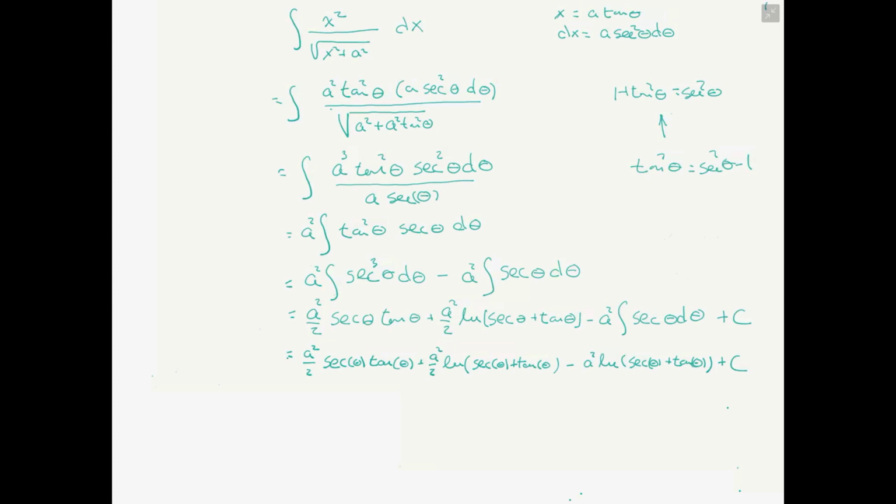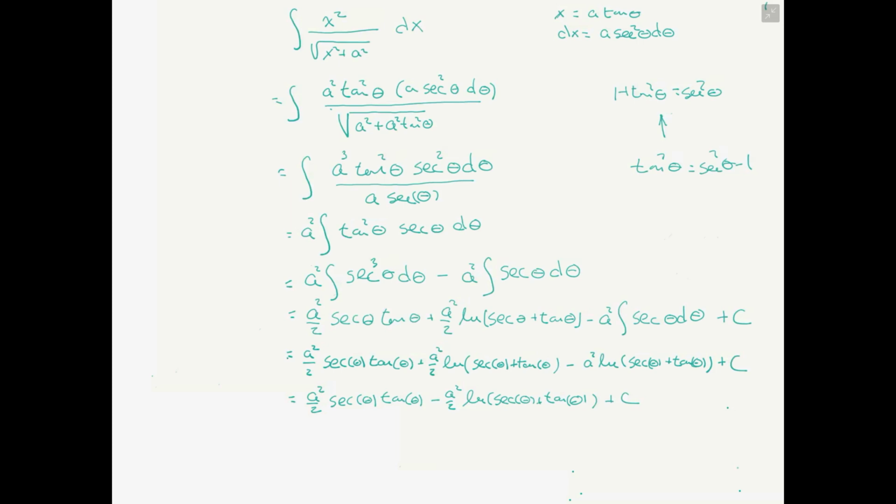We have the two terms that subtract one another, so we end up with an expression: a squared over 2 secant theta tangent theta minus a squared over 2 natural log of secant theta plus tangent theta plus c.